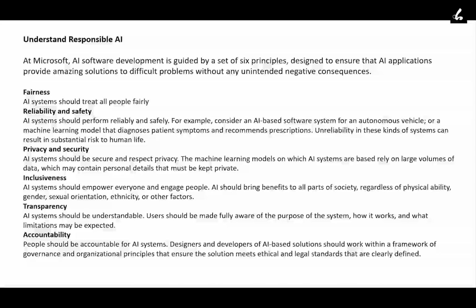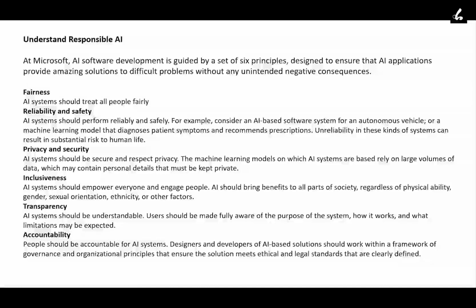Now it should have transparency. The AI system should be understandable. Users should be made fully aware of the purpose of the system, how it works, and what limitations may be expected. And then accountability, like people should be accountable for the AI system. Designers and developers of an AI based solution should work within a framework of governance and organizational principles that ensure the solutions meet ethical and legal standards that are clearly defined.